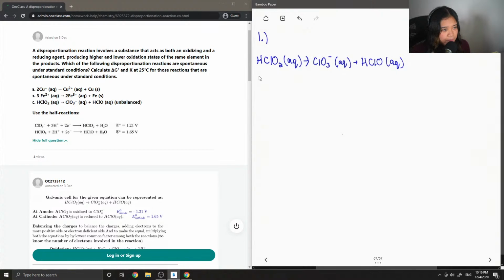So the first step in balancing redox reactions is to write the two half reactions, the reduction reaction and the oxidation reaction. So we're just going to break this unbalanced reaction into two. So the first one, I'll write the oxidation reaction.